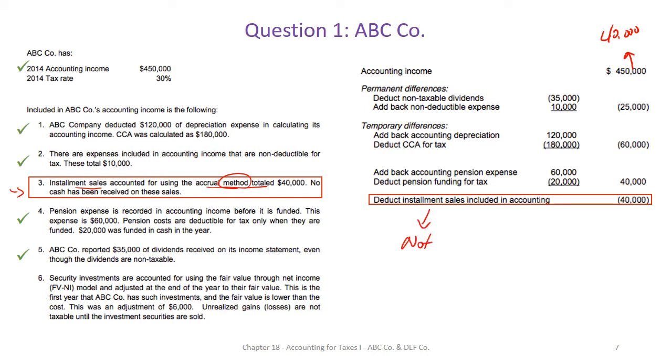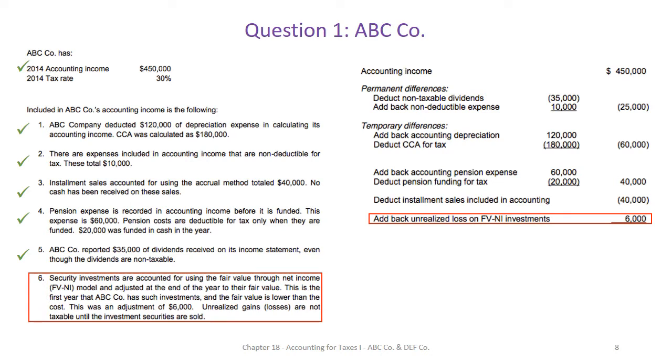So we are removing that. We're deducting $40,000 from the accounting income so we don't end up paying tax on it. The tax will become payable when we actually receive the cash.